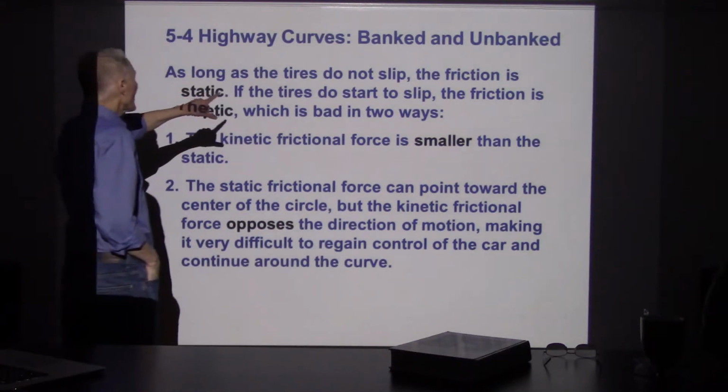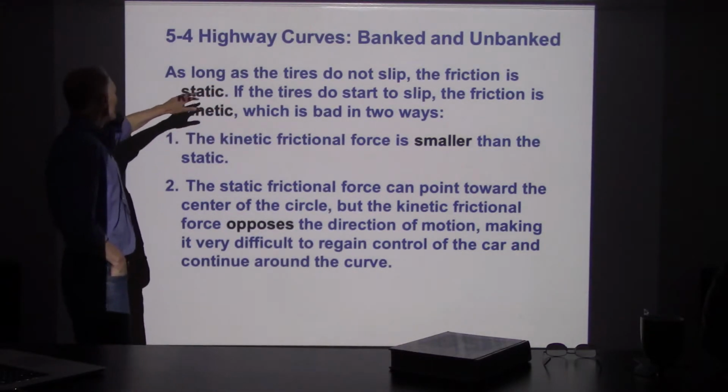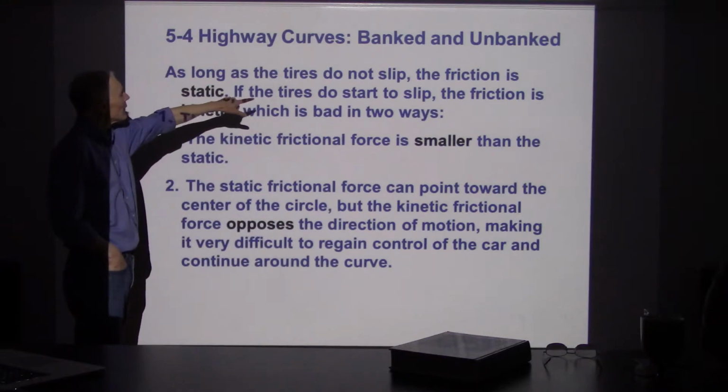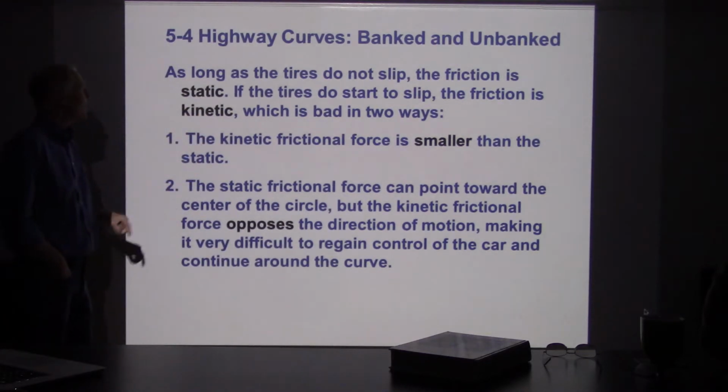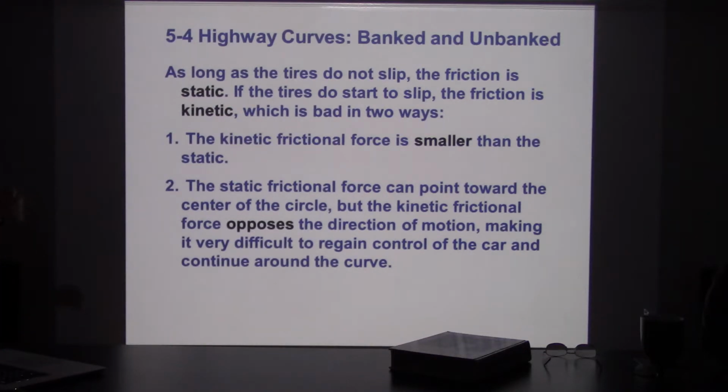So as long as the tires don't slip, the friction is static. But if the static friction gets broken, if we require forces above and beyond static, then we're left with kinetic. Now, operating your car with kinetic friction is really dangerous, and here's why.